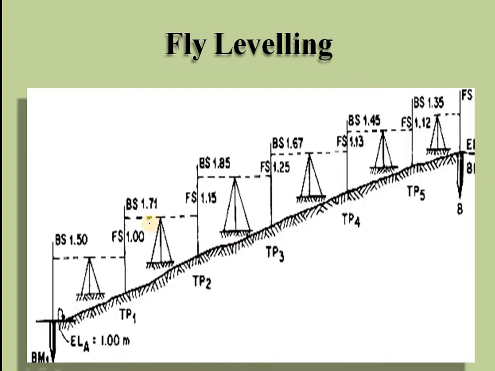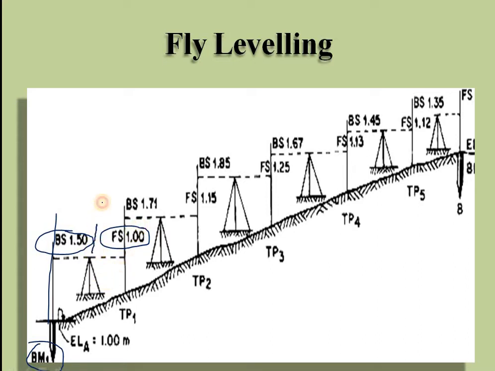This is a fly leveling diagram, you can observe on the screen. The first one is our benchmark, where the first leveling staff reading, that is BS, observed on the ground is 1.50, and the FS, the second reading observed, is 1.00.